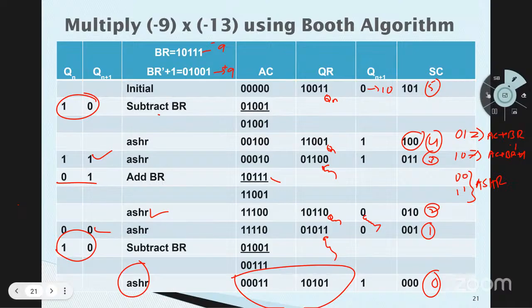అది కరెక్టా రాంగా? You can decide what is the minus into minus, plus. 13 9 ja, 120, 117.